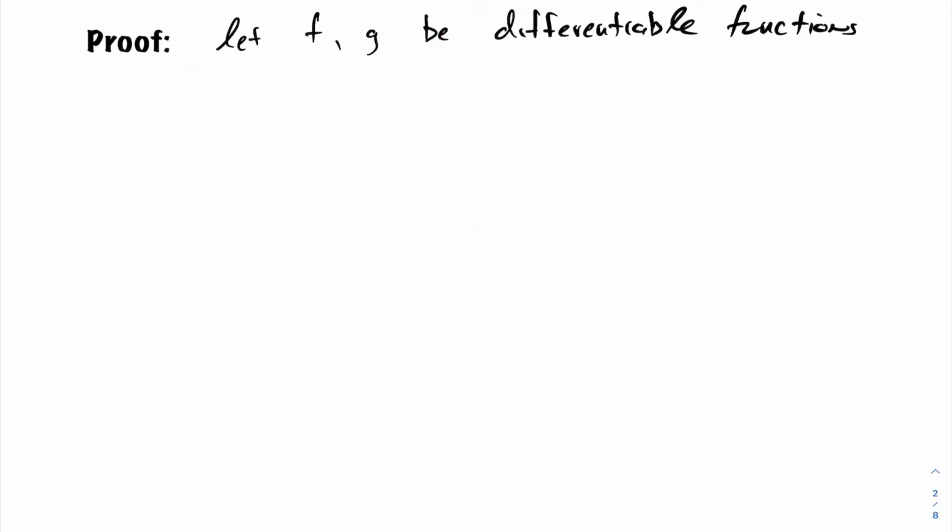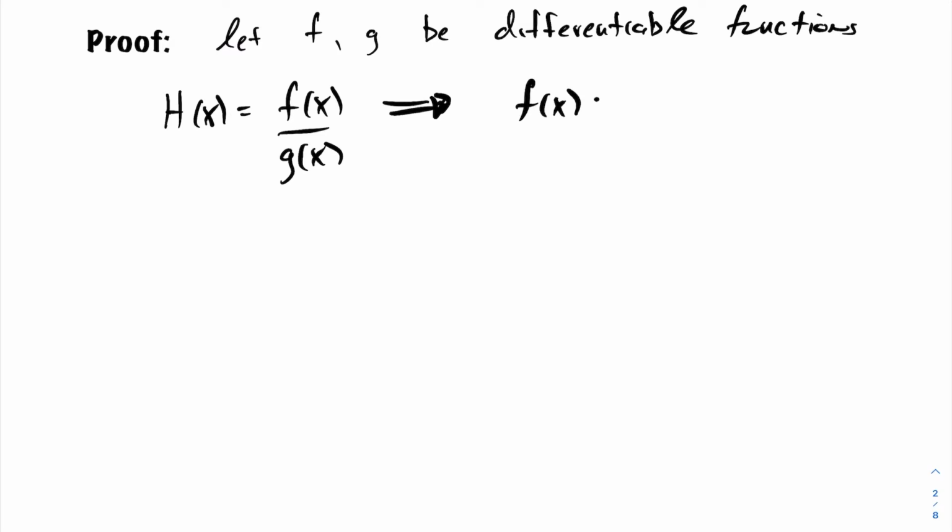So to start us off here, we'll let f and g be differentiable functions. I'm going to define h at x to equal f at x divided by g at x. If that's the case, I'm going to isolate for f at x here, in which case we get f at x is going to be h at x times g at x.